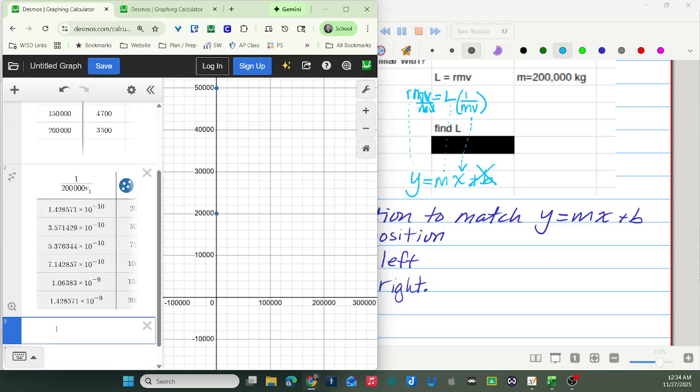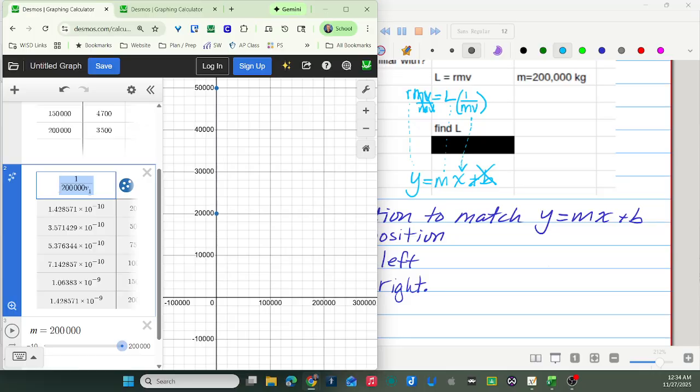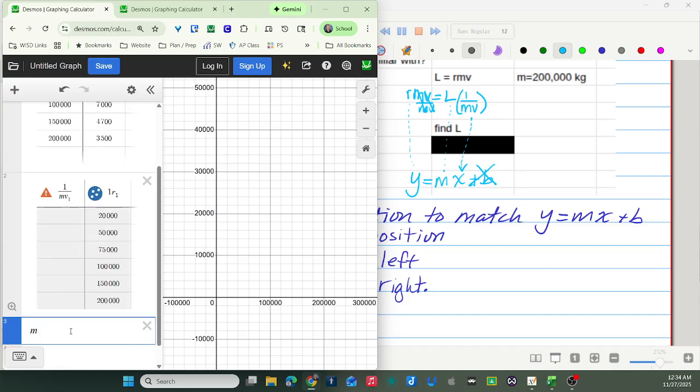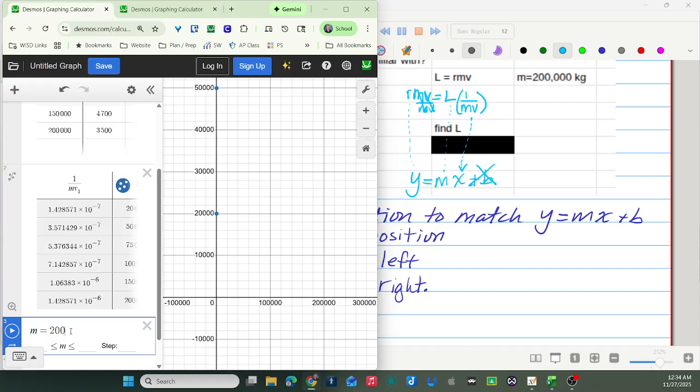Another way you could do this is you could define M equals 200,000. Because you've told Desmos what M is, you can stick an M right there and it doesn't change it. See, if I didn't have this here, it would be like, I don't know what to do with that. But if you define your constants, then you can write your expressions there and it'll feel a little bit more like you're doing physics.